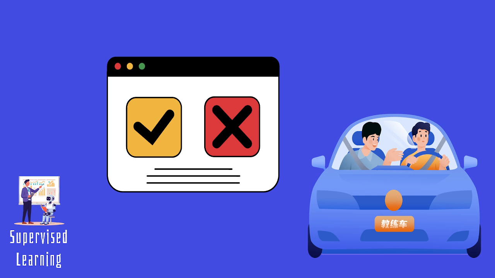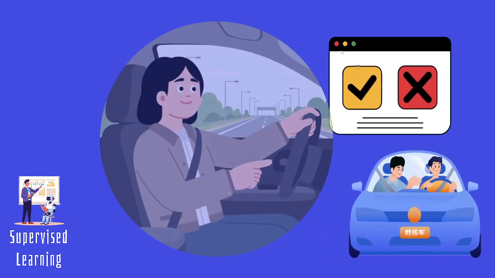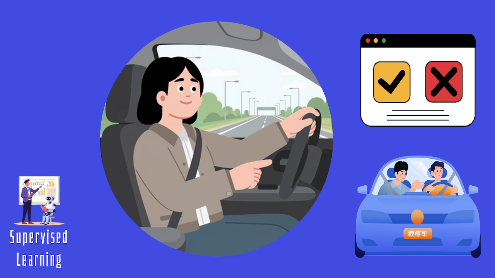Slowly, you learn from these instructions, and later when you drive the car alone on the road and your trainer is not with you, what do you do? You use what you have already learned, you remember the correct actions that your trainer taught you, and you behave accordingly, right? So you drive the car based on that knowledge.